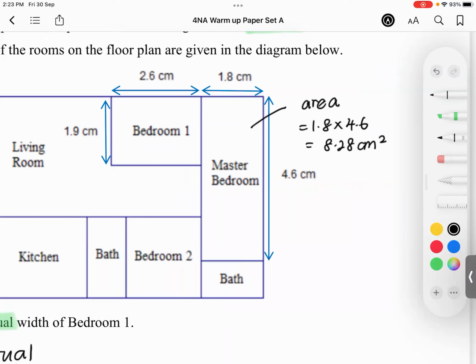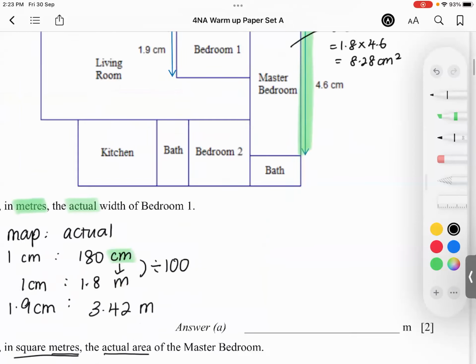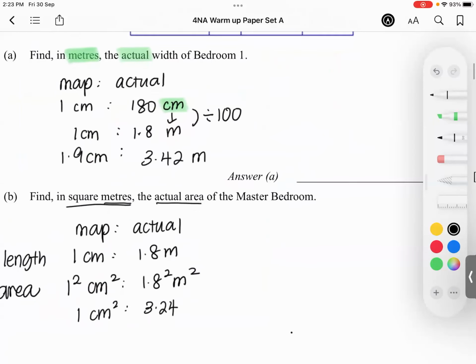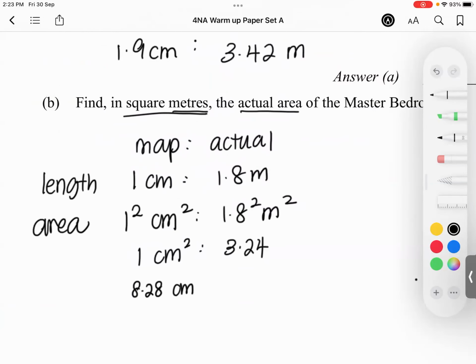Alternatively, I can use the ratio method to convert this into meters, then multiply together. Also can, still the same answer, just a different method. So 8.28 cm squared is the one on the map.